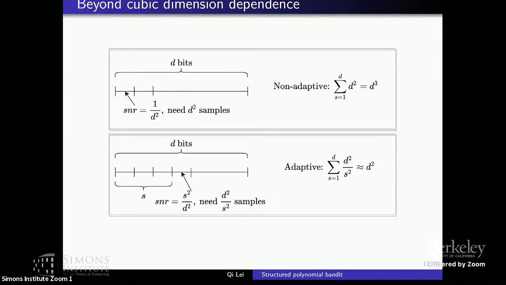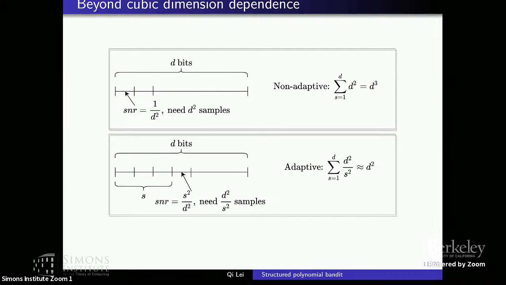We can try to get around it, because at some point, we will have already gotten more bits of information, which will help us to increase SNR. Suppose we are at the point that we have already learned S bits. You can think about that as you have already learned S directions of the theta star.